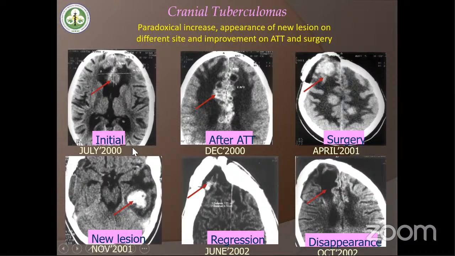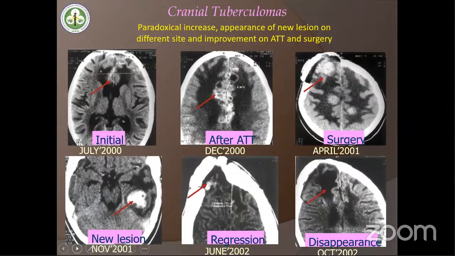So this is the initial MRI and CT scan in 2000, and after ATT in December 2000 the MRI has shown improvement, but in 2001 he had to undergo surgery because of the tuberculoma, decompression had to be done, and new lesions started in 2001. You can see the disappearance, but it took such a long time.